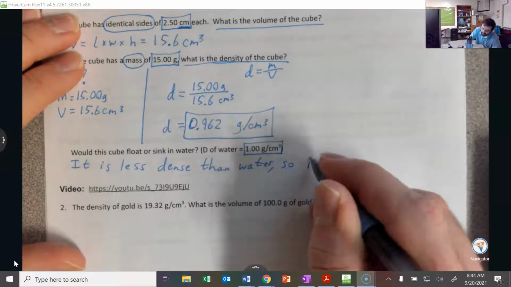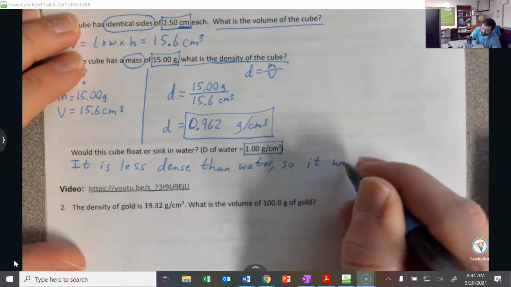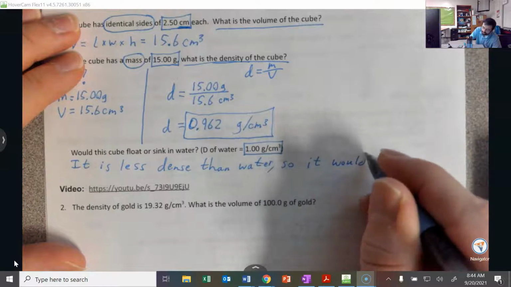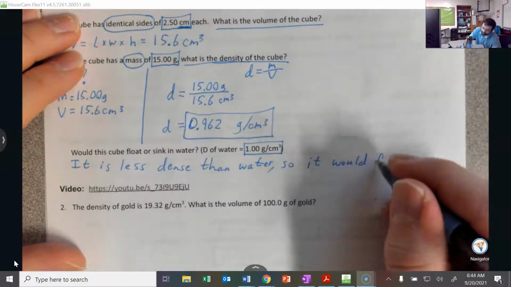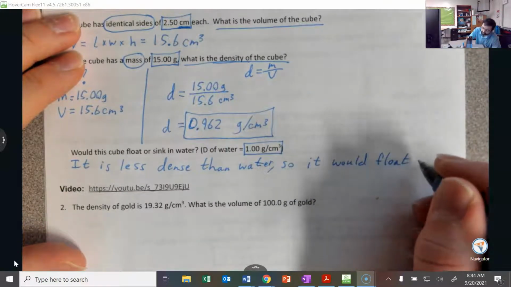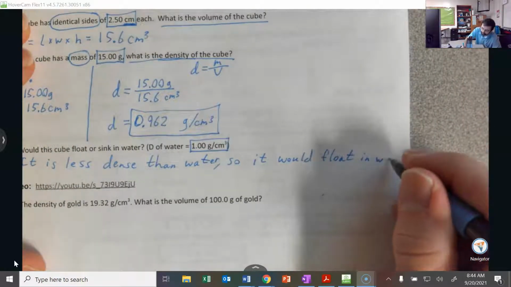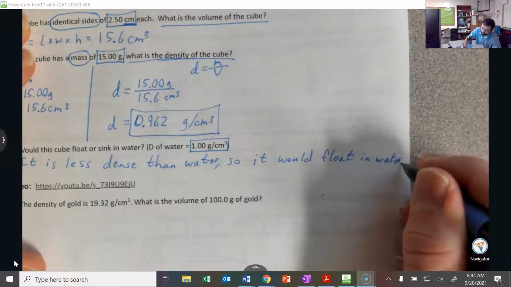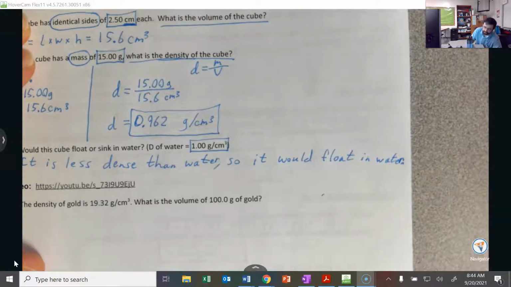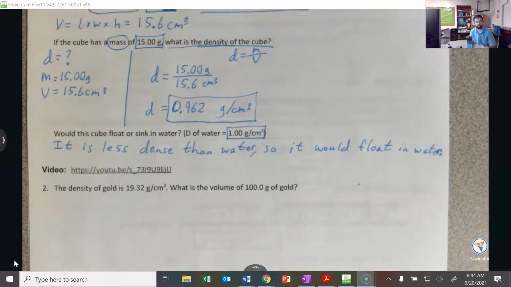So if it's less dense, it would float on top. There you have it. Okay, let's do another example.